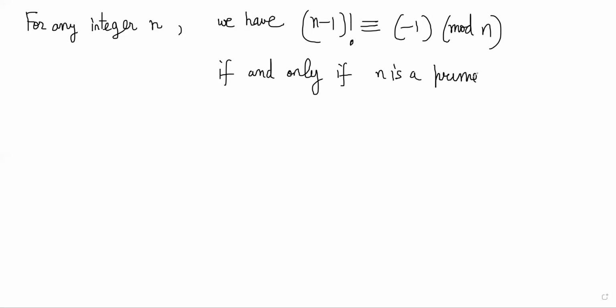So if you are getting a situation that n minus 1 factorial is minus 1 mod n, then that means n is a prime. So that is another test by which you can check whether you have a prime number or not.